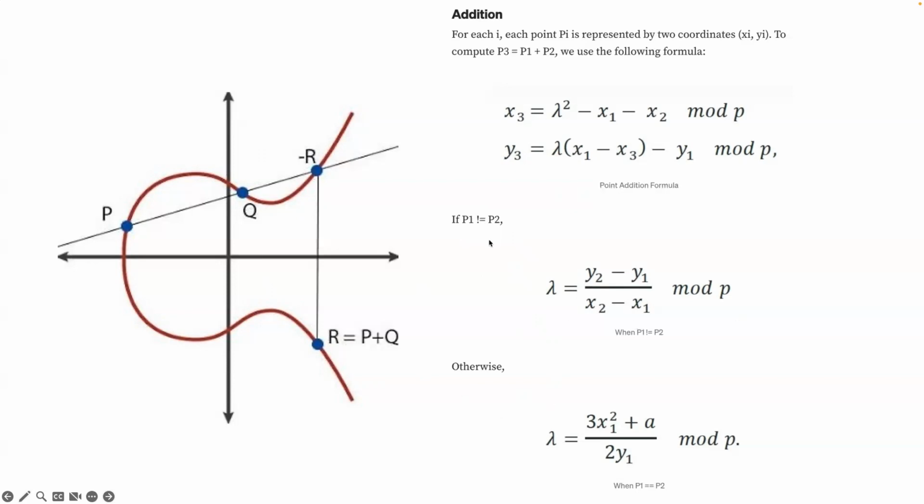And when you want to add two identical points, basically you want to double a point, you use the formula here, okay? We're not going to derive the formula here because we just want to give the high-level idea. Make sense so far? Yes.